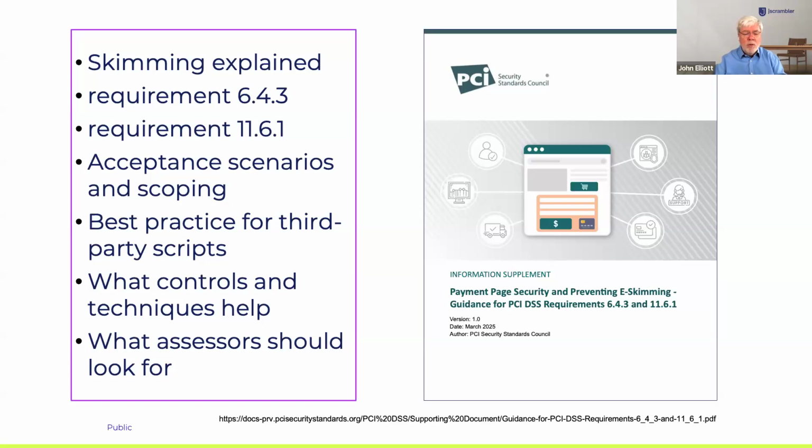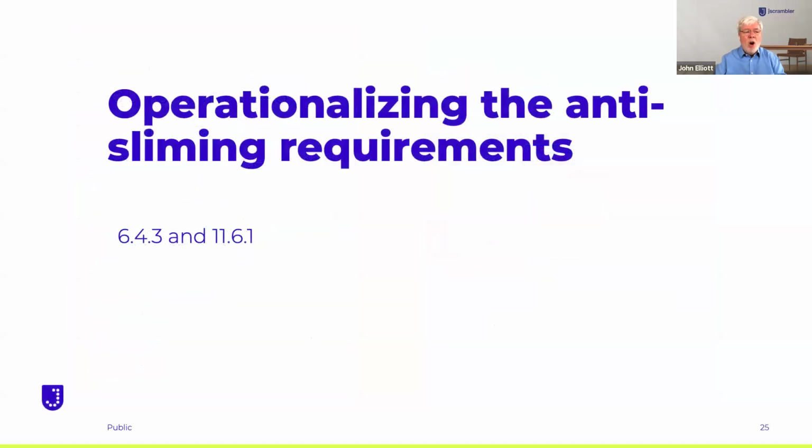I wrote most of one of the sections. My colleague Pedro Fortuna, our chief technical officer, wrote almost all of another. It was a collaborative, industry-wide group of people helping to write this document that was then edited by the council. It's actually not a bad document, but it's 25 pages long. I want to very quickly talk about how to operationalize anti-skimming requirements.